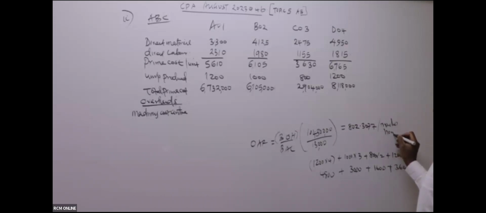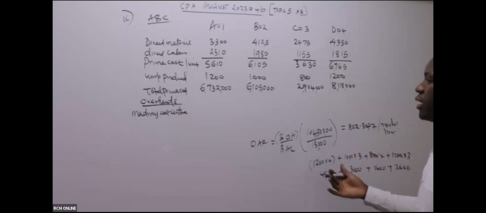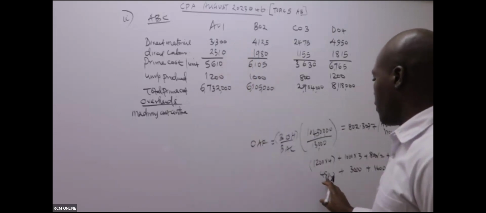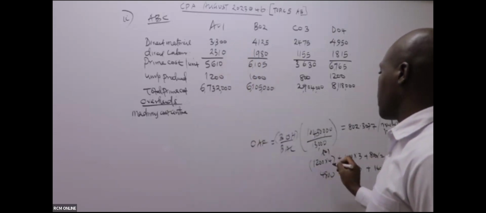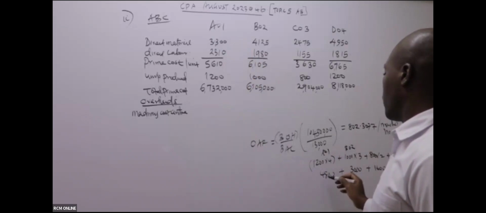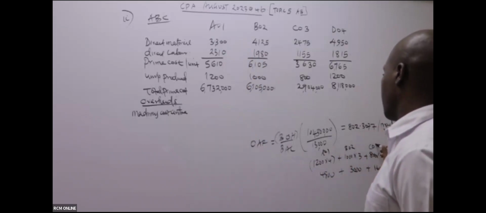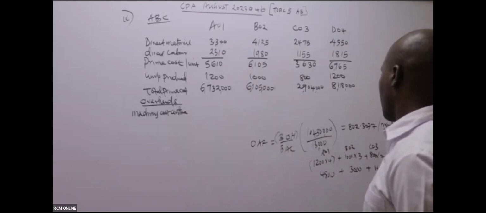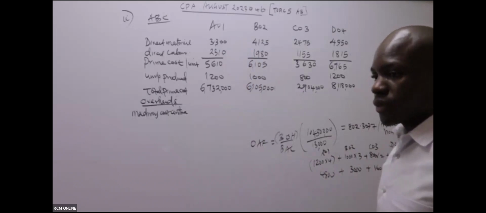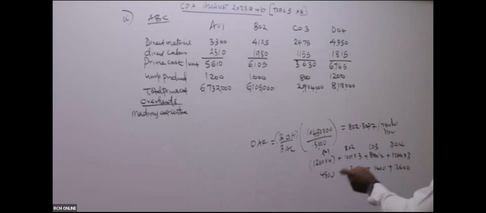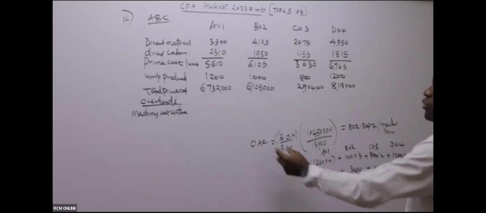Per machine hour. If you look at it very well, A1 has a total of 4,800 machine hours. So when you take 4,800 by 802.377, when you take whatever has been posted there, then you multiply by 4,800, what are you getting?